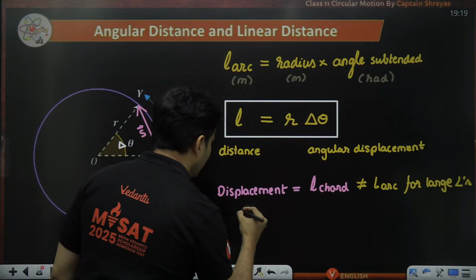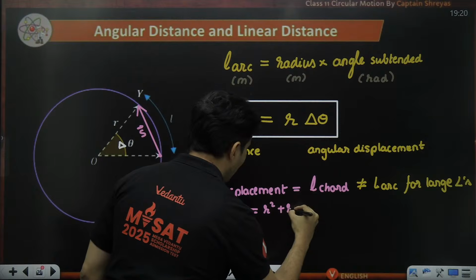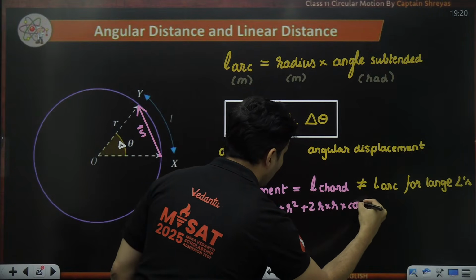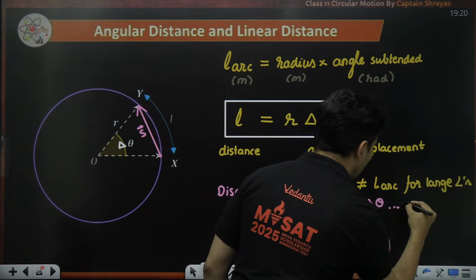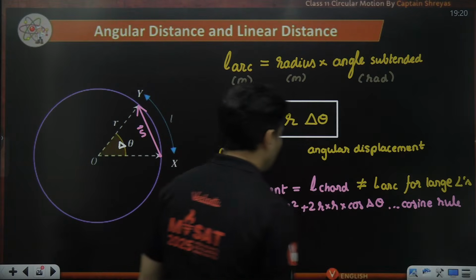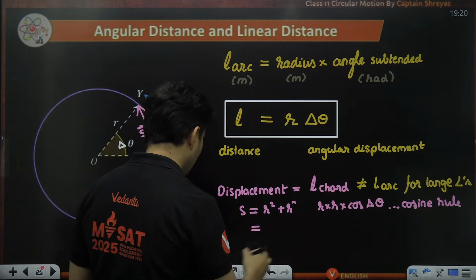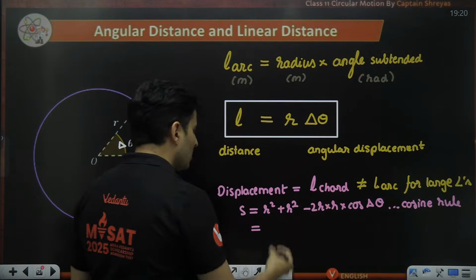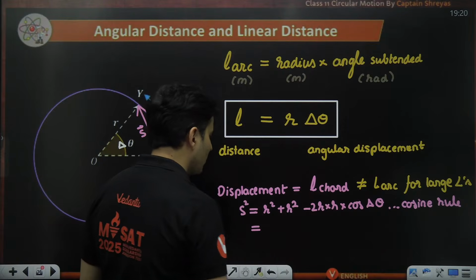So basically, that displacement s squared will be r square plus r square minus 2r square cos delta theta. It's the cosine rule which I've used. But remember one thing, this is not plus, it is actually minus, and this is also squared.